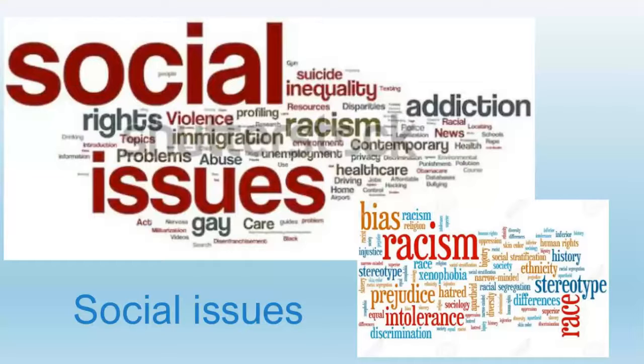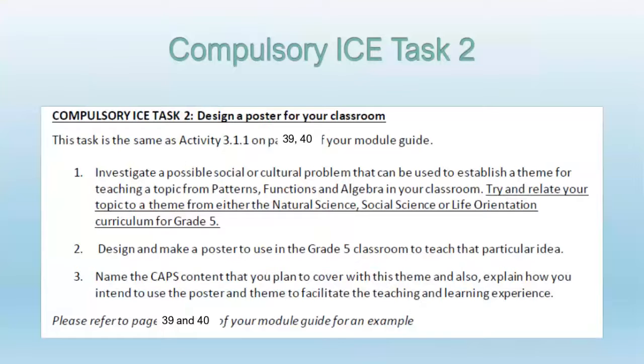But you also need to focus on the integration with some of the other subjects in grade 5. And this might be a bit difficult to understand, what the grade 5 learners do in the other subjects. So you need to consult the other curriculum, other CAPS documents of natural science, social science, or life orientation.